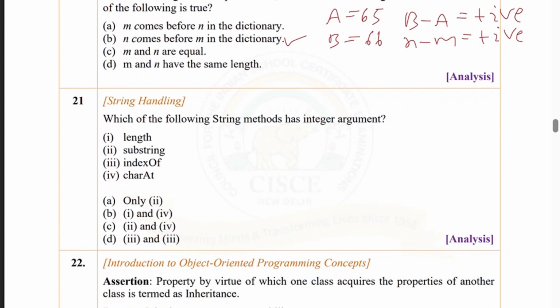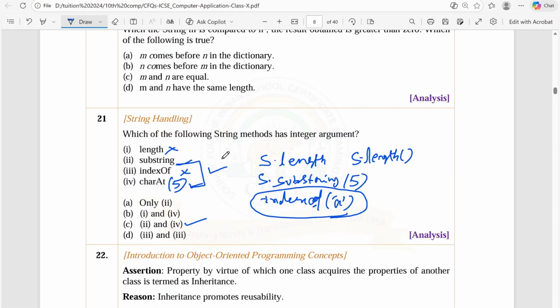Which of the following string methods has an integer argument? Length means there is no argument. S dot length() finds the length of a string. There is no argument. Substring: s dot substring(5) will extract the string from the fifth character to the last.